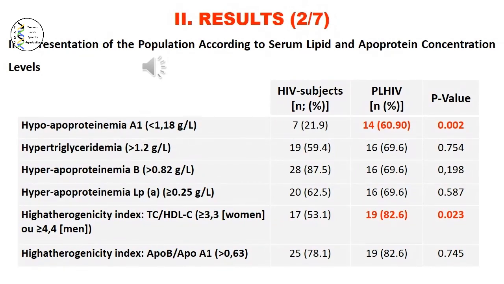There was in both groups the predominance of hypertriglyceridemia, hyperapoproteinemia B, hyperapoproteinemia Lp(a), as well as high heterogeneity indexes for both ratios. But the difference was significant only for the heterogeneity index, defined by the ratio total cholesterol divided by HDL cholesterol. The p-value was 0.023.